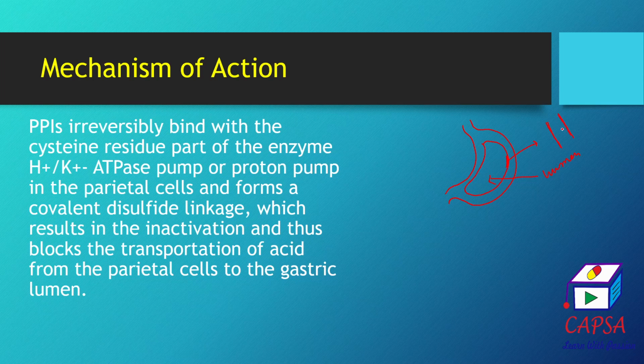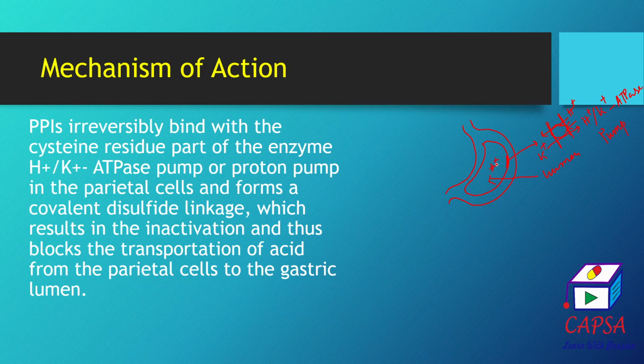In this wall, there is a pump. This pump is known as the hydrogen potassium ATPase pump or proton pump. What it does is it sends hydrogen ion in exchange for potassium ion to the lumen.